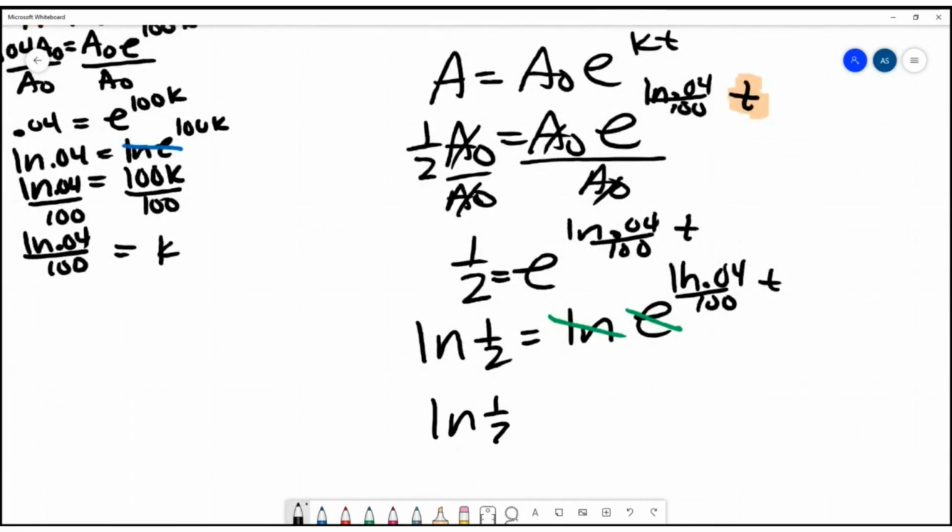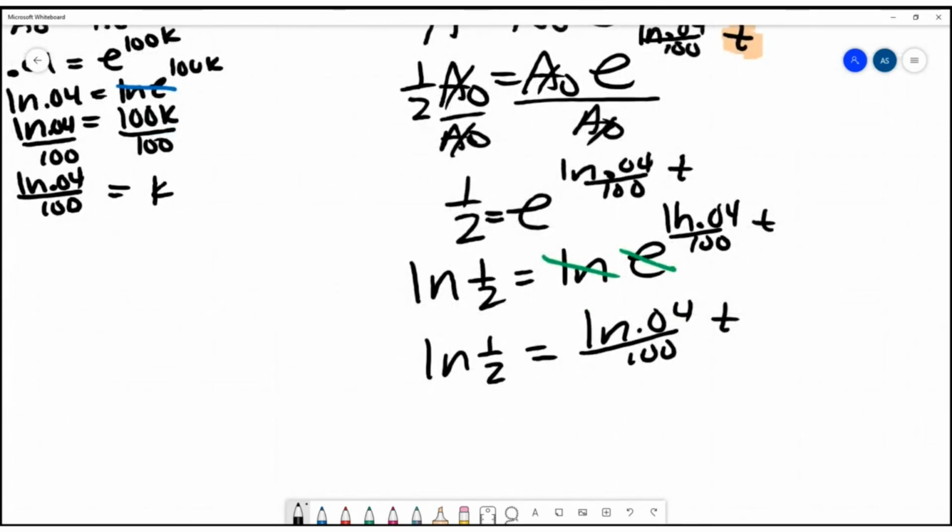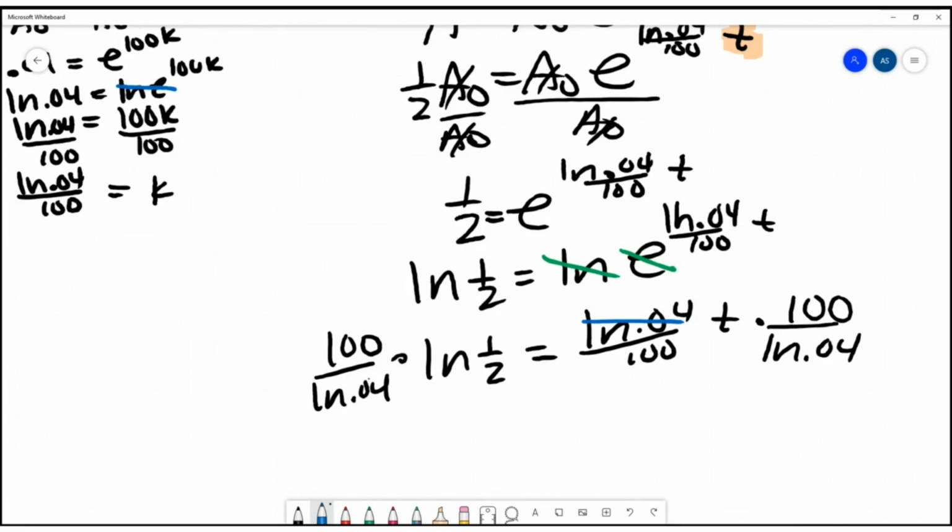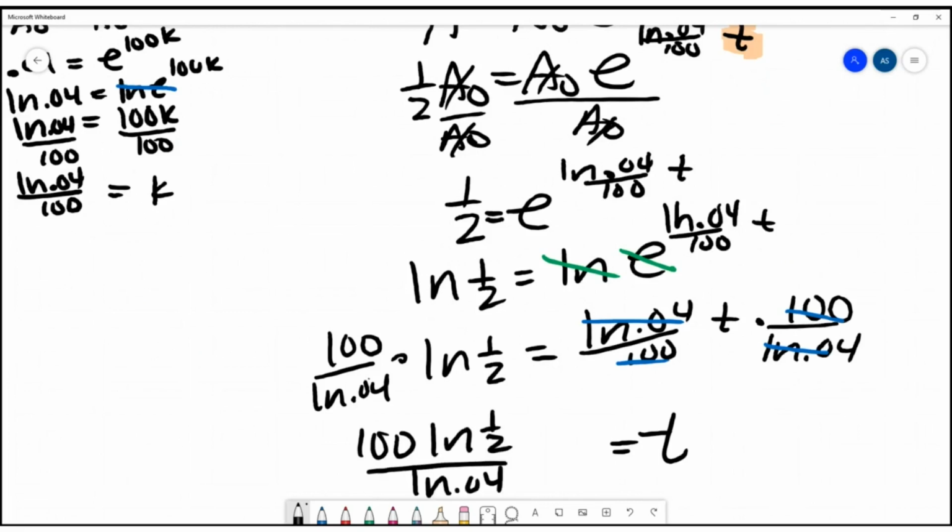I have natural log of 1/2 equals natural log 0.04 over 100 t. And I'm going to solve for t by multiplying by the reciprocal on both sides. So multiply by 100 over natural log 0.04. That's going to cancel all these out, leave me with t on this side. I have 100 natural log of 1/2 over natural log 0.04.